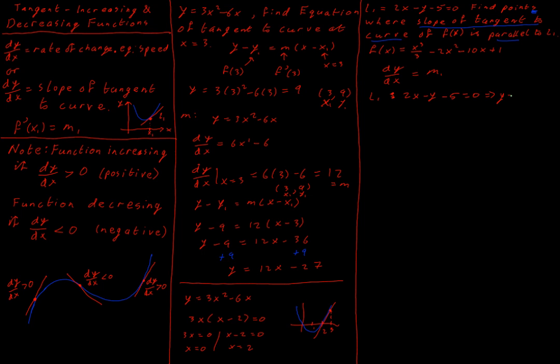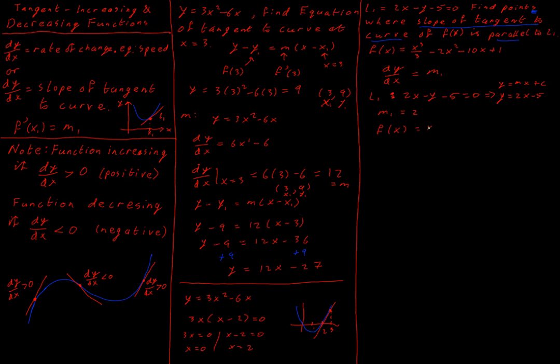Rearranging that, I'd have y is equal to 2x minus 5. So my slope m1 is equal to 2. y is equal to mx plus c, so m is 2. So I want to know, when is dy dx equal to 2. So I need to get dy dx for my function.